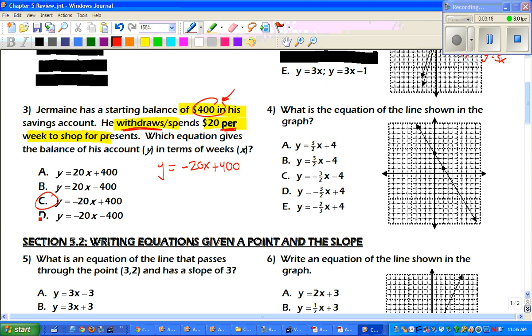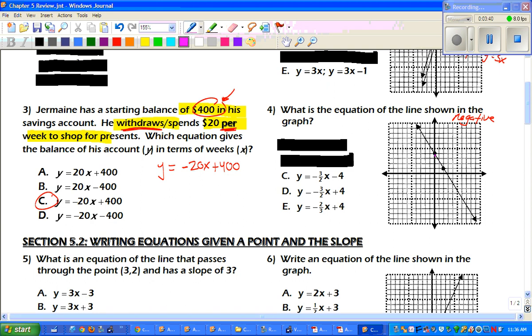All right, number 4. What is the equation of the line shown in the graph? Well, just looking at this graph, I know that this is a negative graph because it's going down, okay? So anything with a positive slope, we can get rid of, because we know those aren't the right answer.